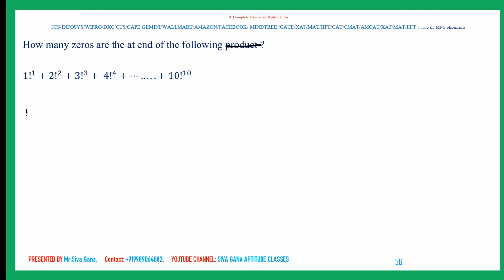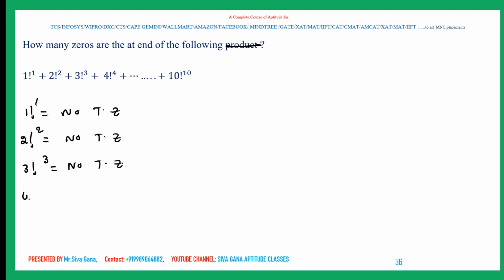So 1 factorial power 1, no trailing zero, right? 1 factorial is 1. 2 factorial power 2, 2 factorial is 2, 2 square is 4, no trailing zero. Very important question. 3 factorial power 3, 3 factorial is 6, 6 cube is 216, no trailing zero.